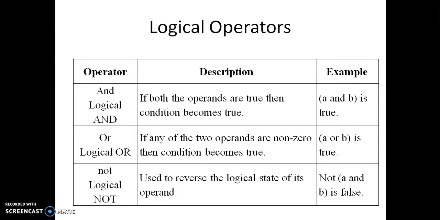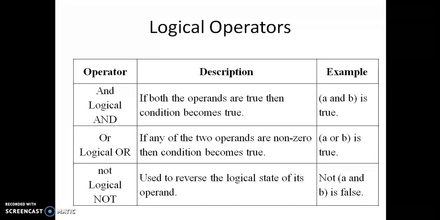And then next, logical operators. Here we have three logical operators: AND, OR, and NOT. AND is the logical AND, OR is the logical OR, and NOT is the logical NOT. We use the word directly as the operator in the condition. Whenever we want to combine two conditions, we can use the logical operators. For A and B, if both are true, then the total condition is true.